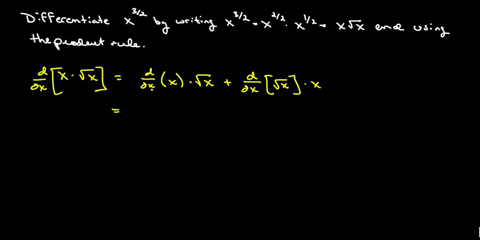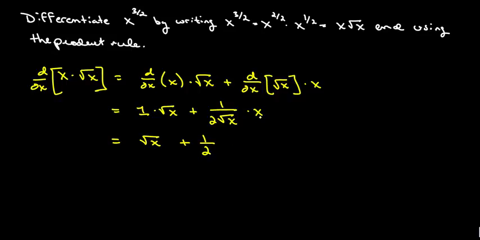Well, the derivative of x is just 1. The derivative of the square root of x, we've already done that before using the limits. That is going to be equal to 1 over 2 square roots of x times x. So this will be the square root of x plus 1 half.